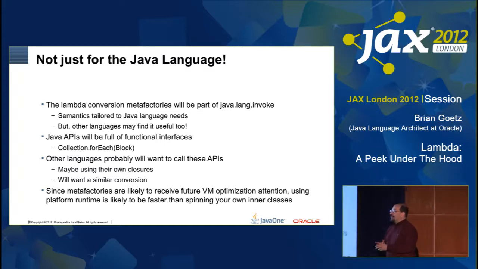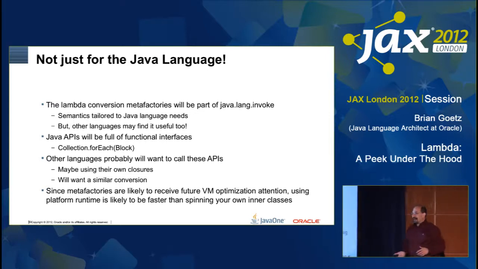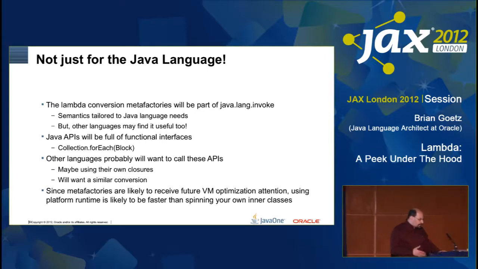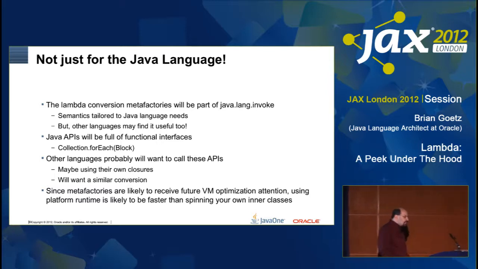So given that Java APIs will be full of these functional interfaces and other languages want to call them with their own closures, and we're likely to improve the performance of this runtime facility anyway, it's a pretty good move for JRuby or Jython or Nashorn or any language on the JVM to take a look at this as a way of converting closures to functional interfaces. Certainly better than spinning your own inner classes.